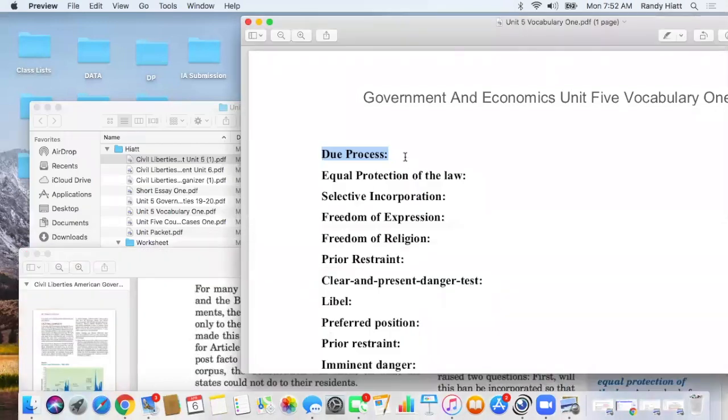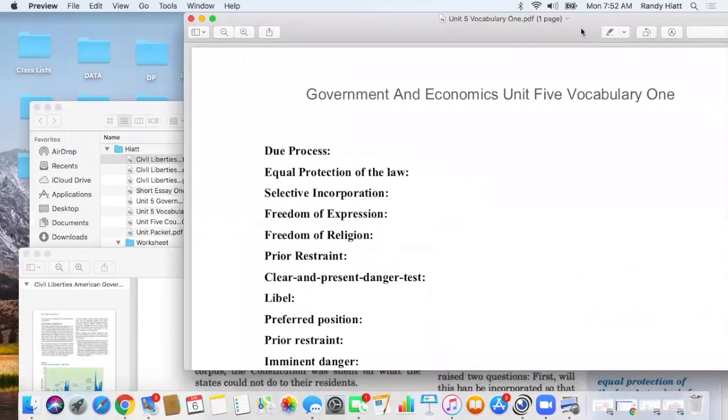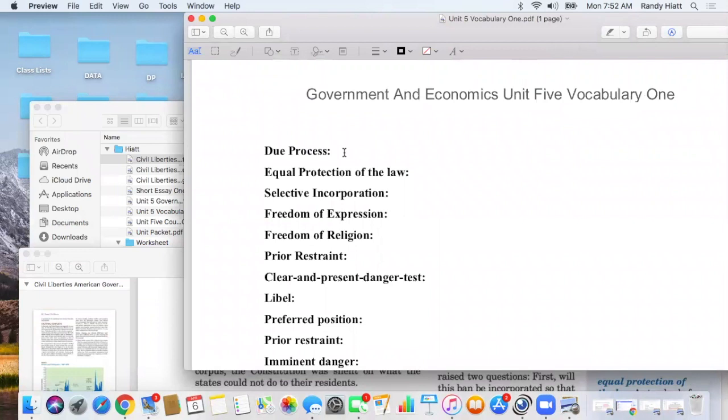I just go back to my document. And again, you might have to turn this into a Google Doc in order to accomplish it. In this case, it's not going to let me edit this. Create a little text box.